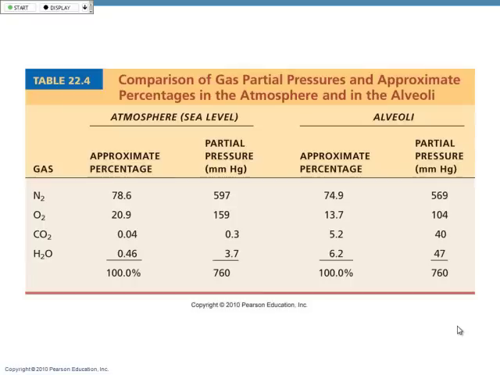So at sea level, when I change my position on this planet, I actually can change this. As I go away from sea level, up in the sky, if I go up in a plane, for example, what do I have to do in that plane in order for me to be able to keep breathing? I have to pressurize the cabin. How come?